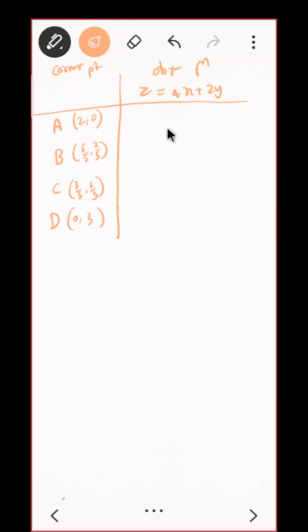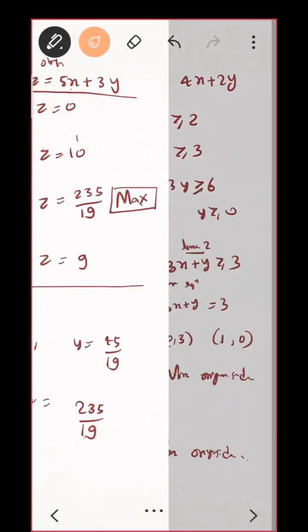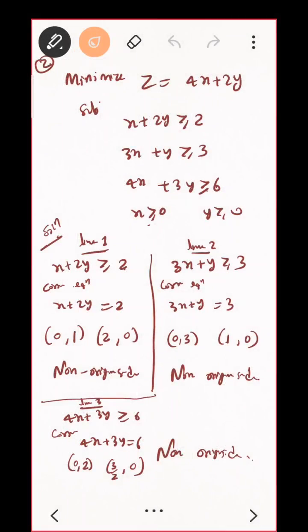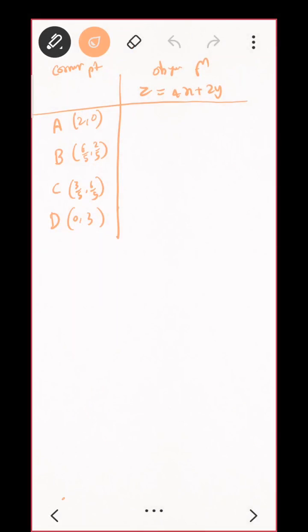Put it in the equation. Now look at the question. Do you want maximization or minimization? You want minimization. Put it in and check in which one the minimum value comes. If you put it here, Z equal to 8. If you put here, Z equal to 6. Now you have to tell me the value of this and this.